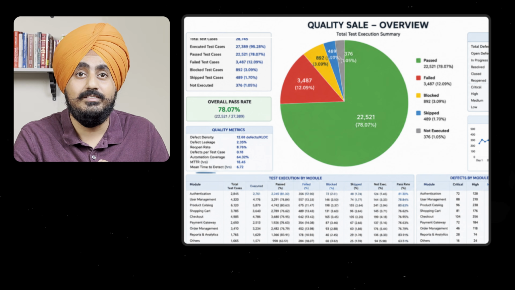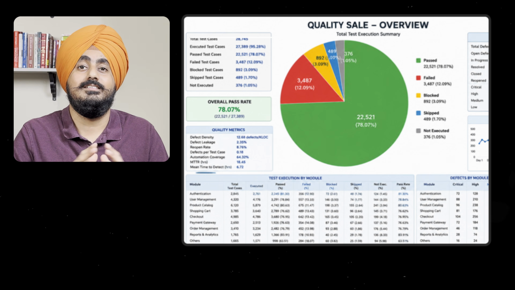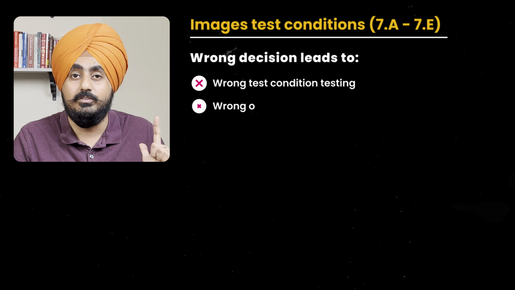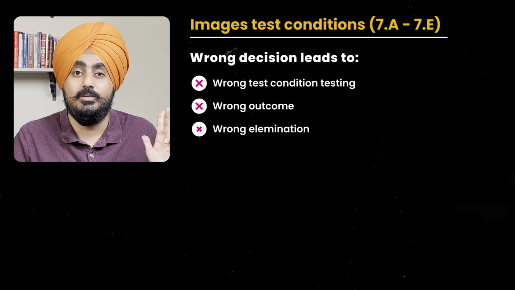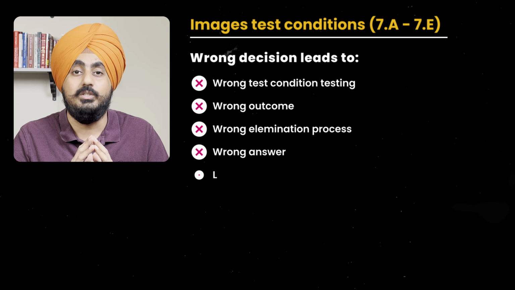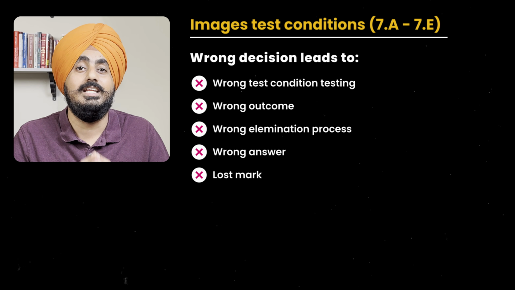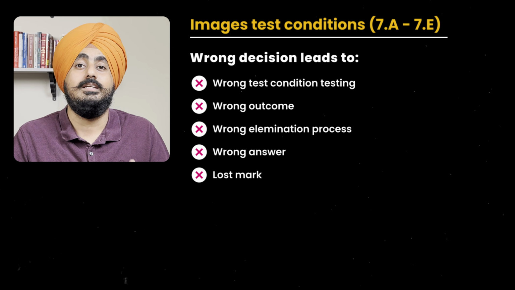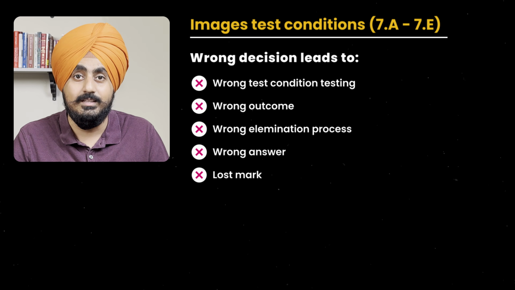When you get that decision wrong, everything else starts falling apart. A wrong test condition, a wrong DNA outcome, a wrong elimination process, and finally the wrong answer. That's why I don't think this section is really testing images. It's testing classification. It's testing judgment. And the better you get at making that first decision, the easier the entire section becomes.